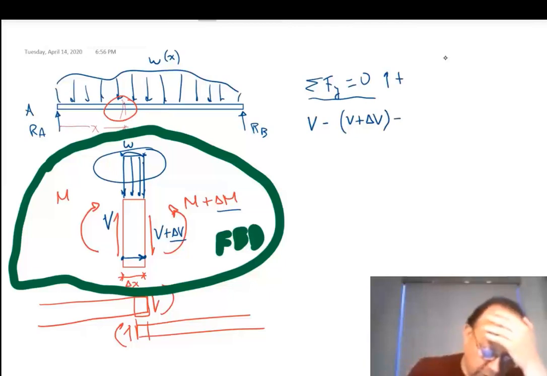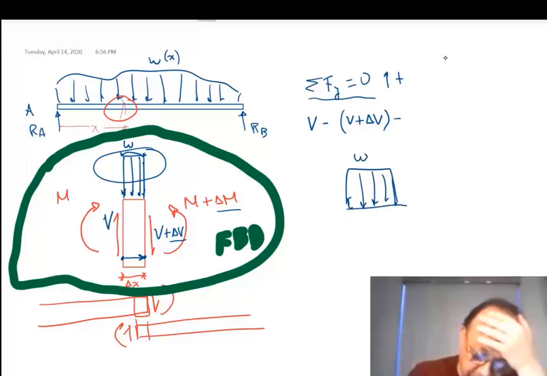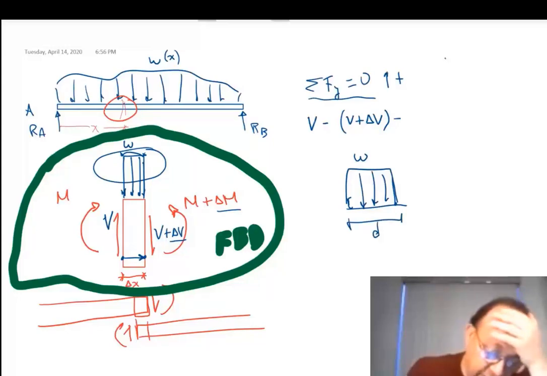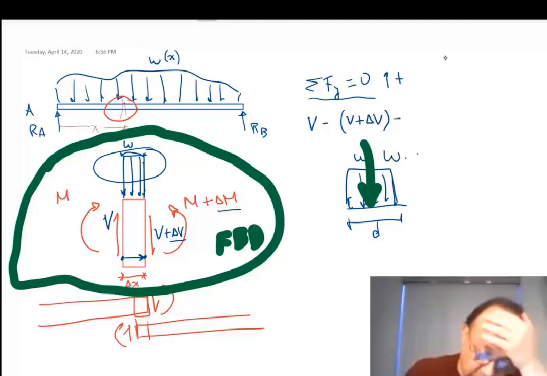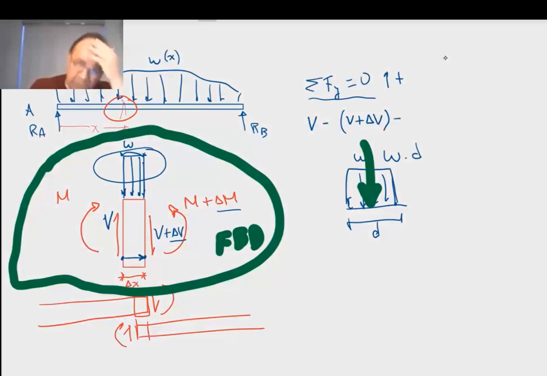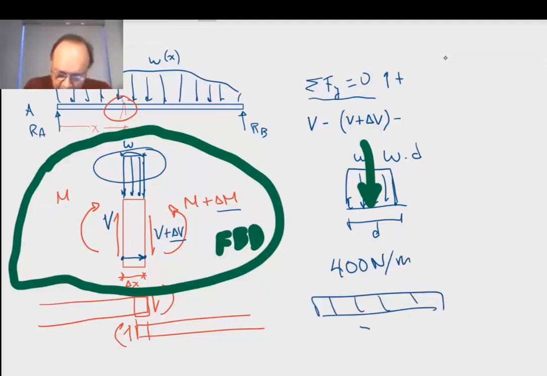minus the loading. Remember when we were talking about distributed loads, if I have a load that is in terms of the length, then I can do an equivalent load here that will be of magnitude W times the length, right? If I have the examples that we had in the previous class, we have 400 newtons per meter, and we have that load applied over the length of 3 meters.